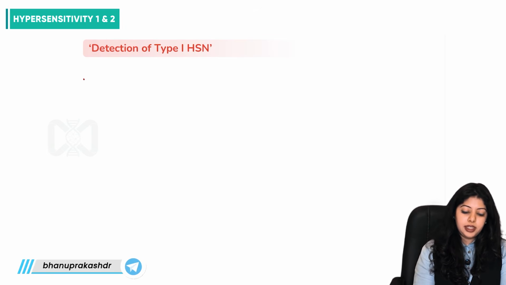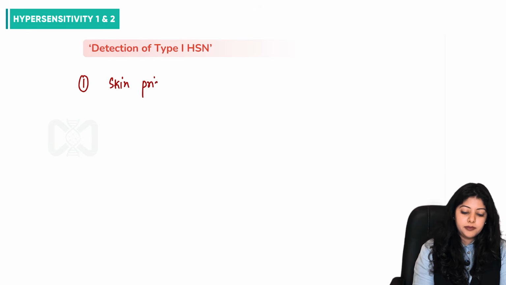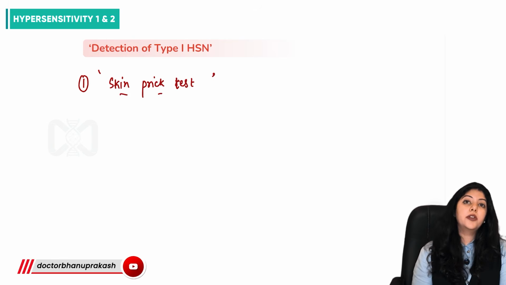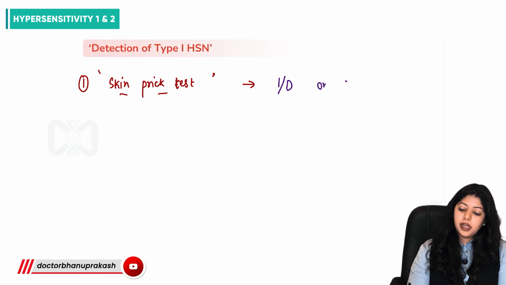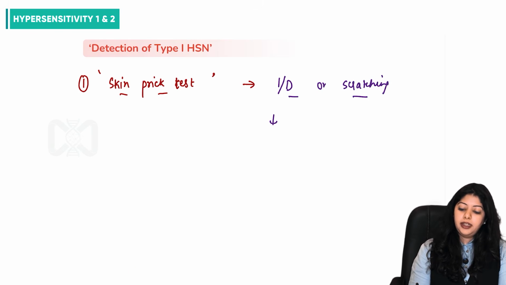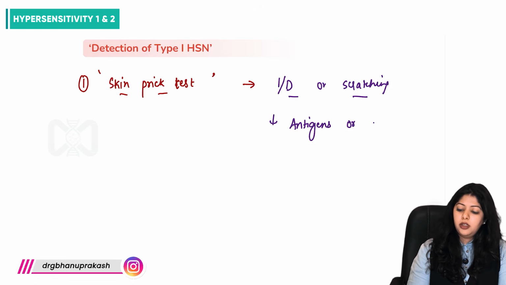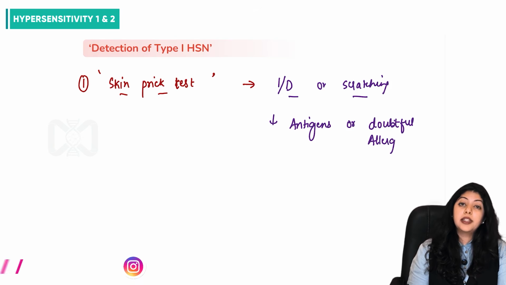So the very first test is the skin prick test. And in this particular test, what exactly are we doing? We are either injecting intradermally or scratching into the skin antigens, potential, doubtful antigens or allergens, into these sensitized individuals.